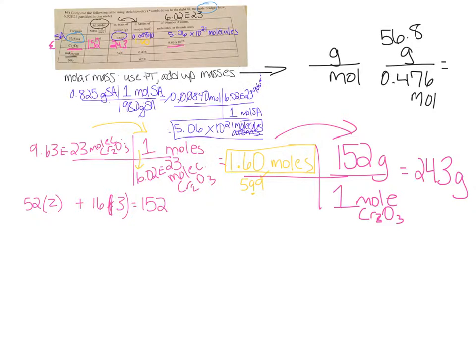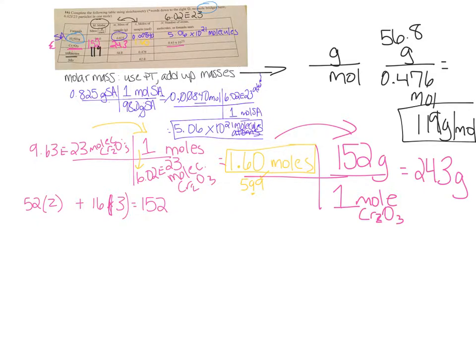They're really easy questions, but they're easily missed if you don't know what your definitions are. All right, so our molar mass for that, I took 56.8 divided by 0.476, and I've got, let's do 3 sig figs, so 119 is going to be my molar mass. You don't need to go look it up. If you want to, you can, but you don't have to. All right, so this is 119.